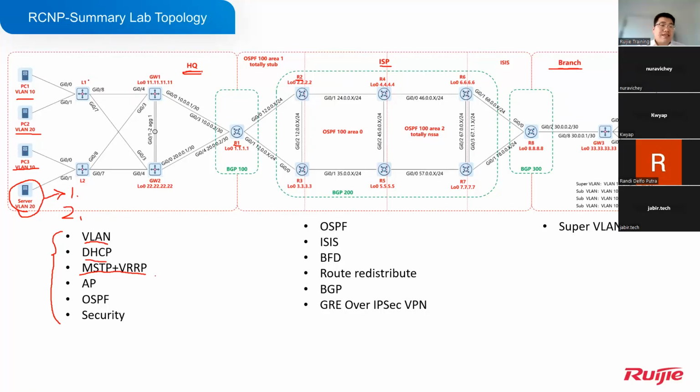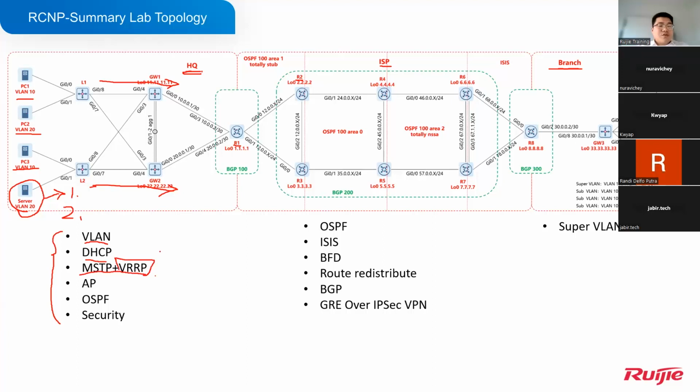For example, VLAN 10 will go through GW1, VLAN 20 traffic will go through GW2. Or GW1 is a root in instance 10, GW2 is a root of instance 20. And in this way, since all the traffic of VLAN 10 goes through GW1, all the traffic of VLAN 20 goes through GW2. So we have to use VRP to work with MSTP.